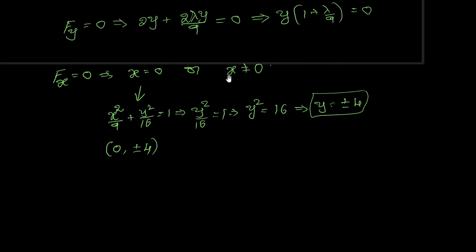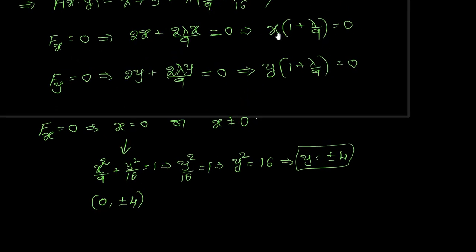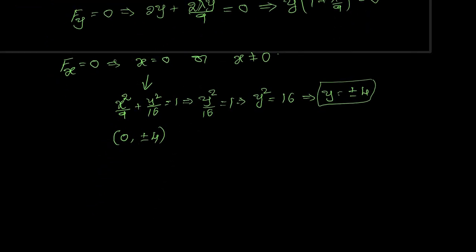And in the second case, x is not equal to 0. Then definitely 1 plus lambda by 9 must be equal to 0, but if I equate this lambda, I don't get anything. So now let me see Fy equal to 0.